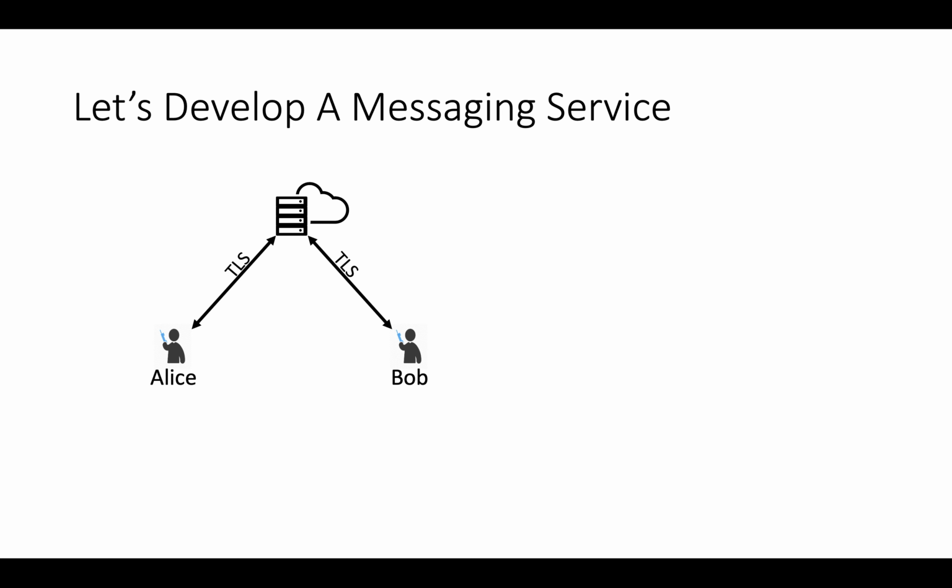But here the connection is not end-to-end encrypted. Each message will be decrypted by the server and re-encrypted by the server, which means the server can see all messages sent by Alice and Bob. So here comes our first problem statement: end-to-end encryption.